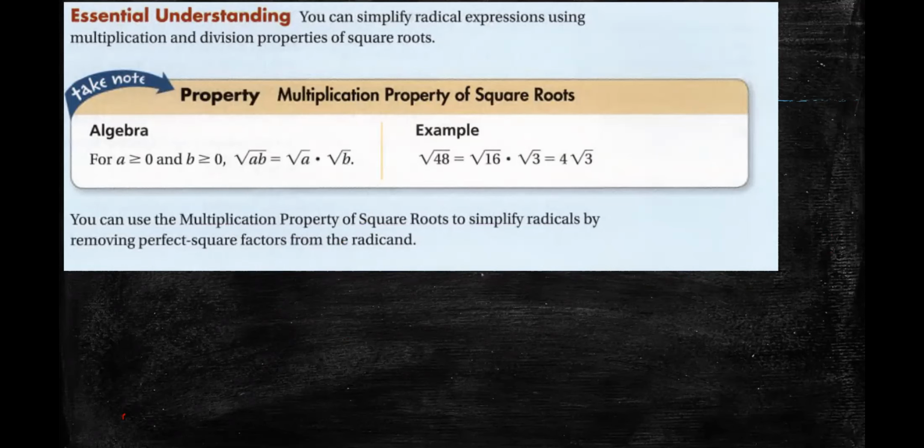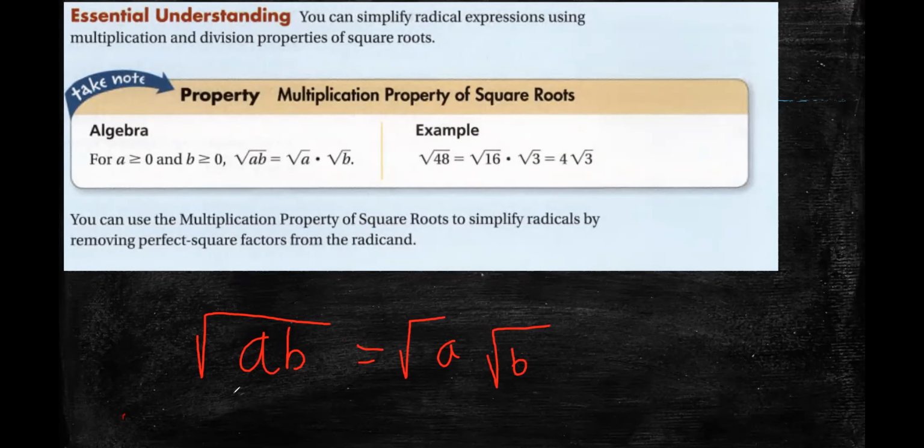Let's see how. The first one, you have to know that if you have a square root of a times b, any two numbers that are multiplied, you can distribute the square root on both numbers, on a and on b.